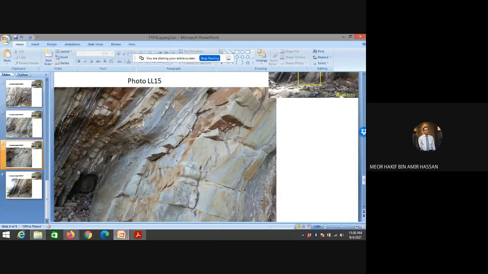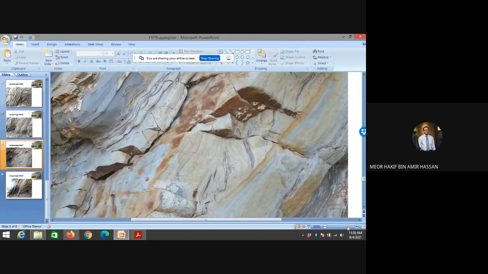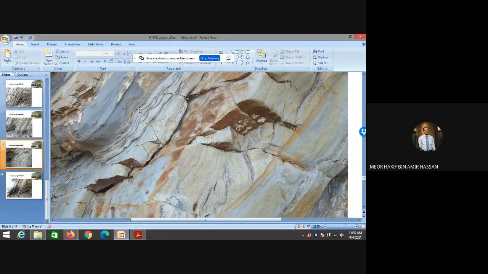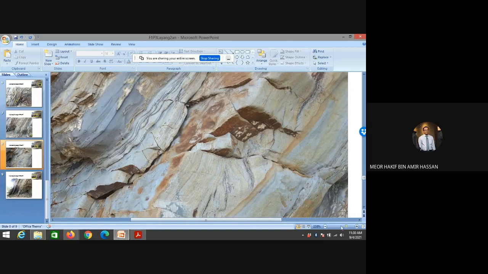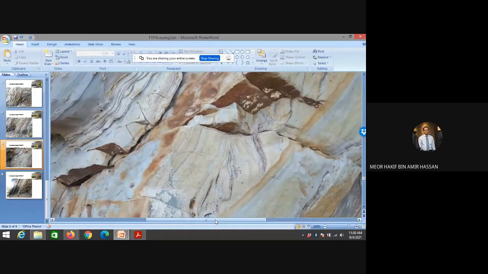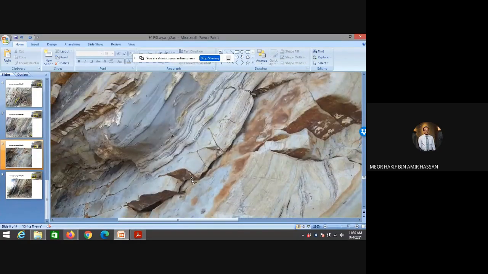Now this part looks interesting. So what are those? Can somebody describe the features here? So first, what type of rock is this?